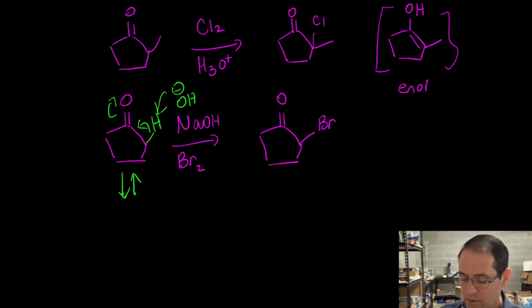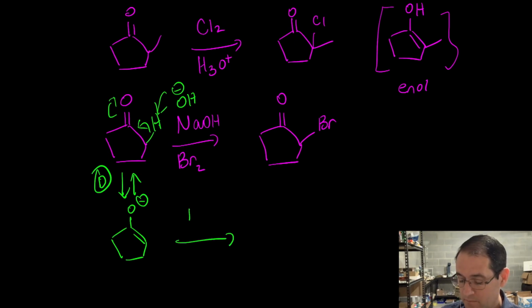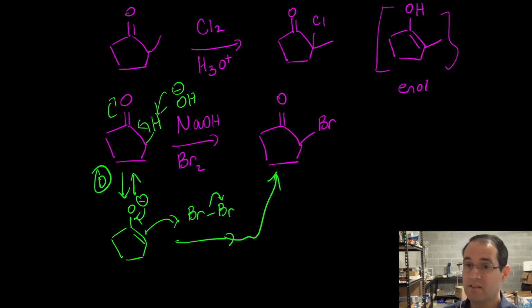That's in equilibrium. That's a deprotonation reaction, and we form the enolate. Then bromine is the electrophile that gets attacked. So this enolate with its carbon-centered nucleophilicity is going to attack the bromine atom and directly give you the reaction product.